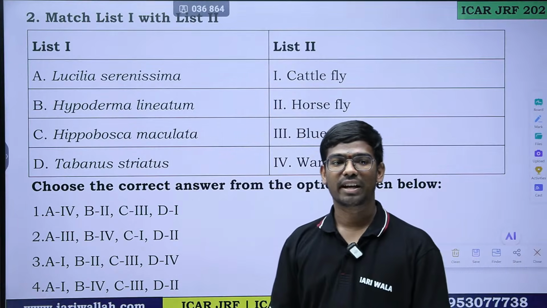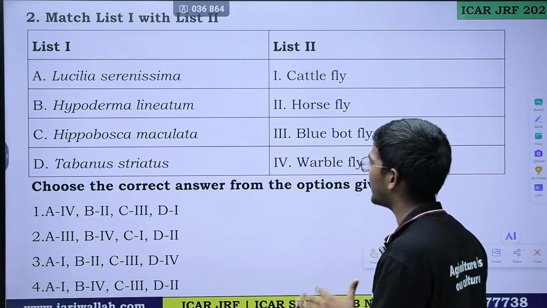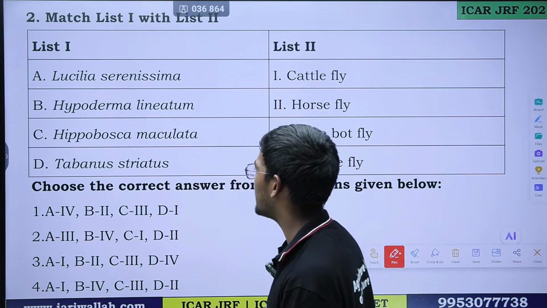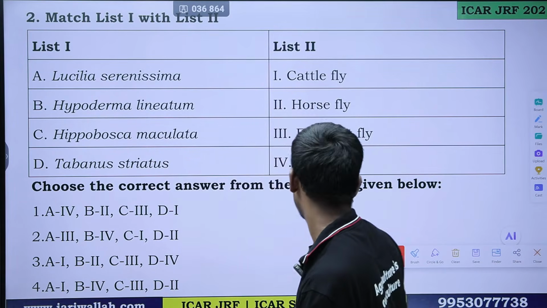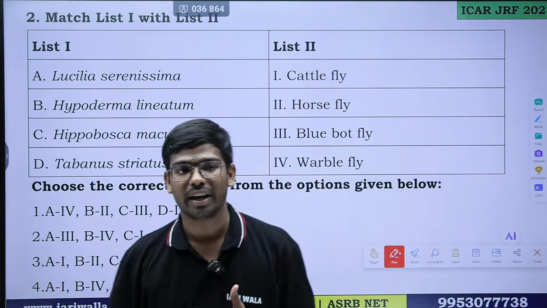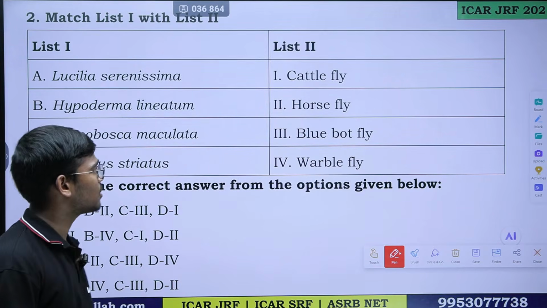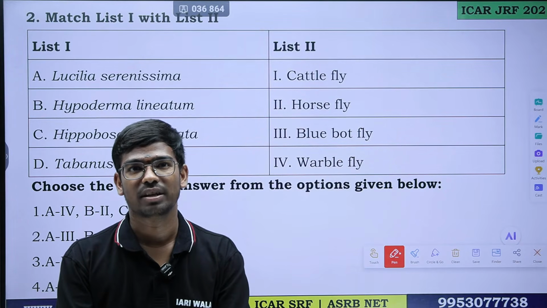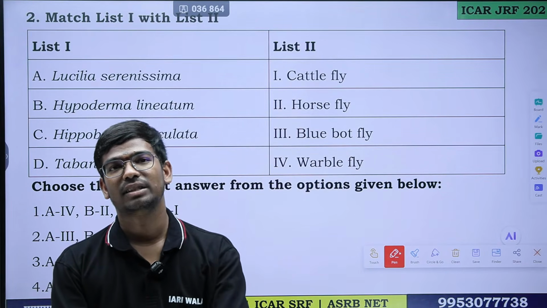In the second question, we have a matching. On one side they gave the scientific names, and on the other side the common names. List 1 has Lucilia serenissima, Hypoderma lineatum, Hippobosca maculata and Tabanus striatus. List 2 has cattle fly, horse fly, blue bottle fly and warble fly. This is also there in EEE, in the non-insect pest section, but actually these are pests of cattle.